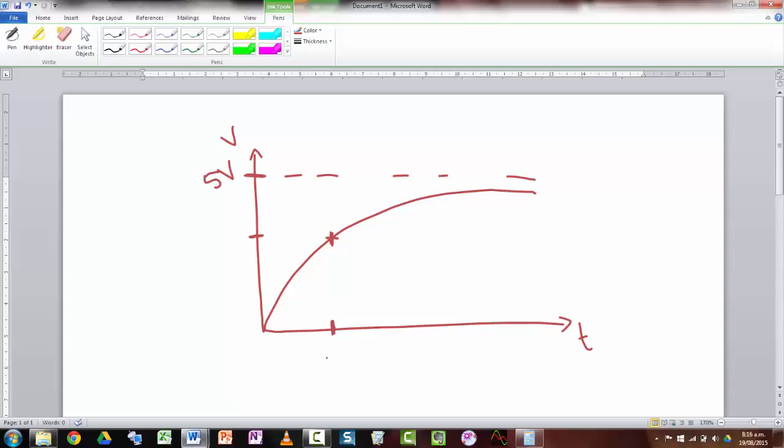It will get up to 0.63 times 5, and then after 8.4 milliseconds, not micro, milli, let's fix that, it will have gotten up to here.